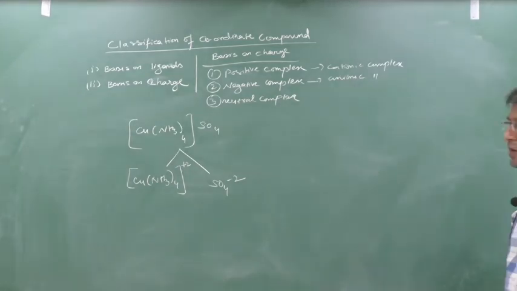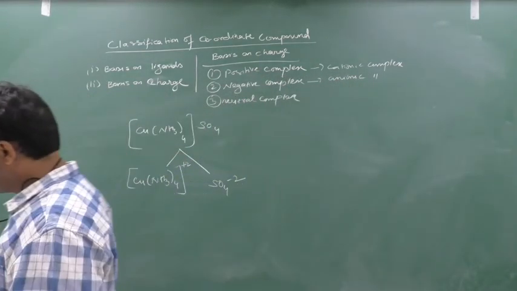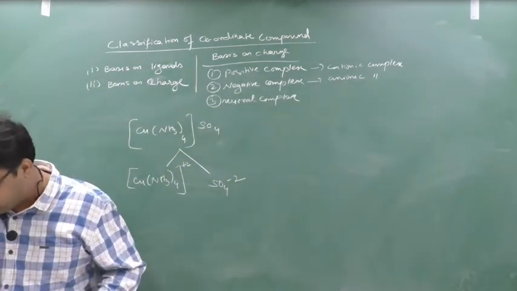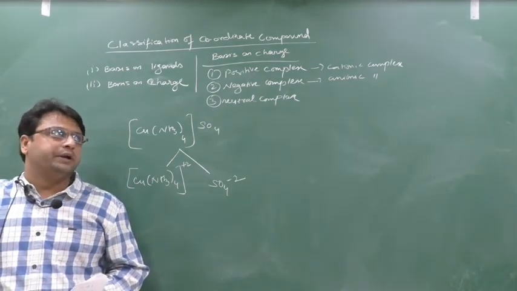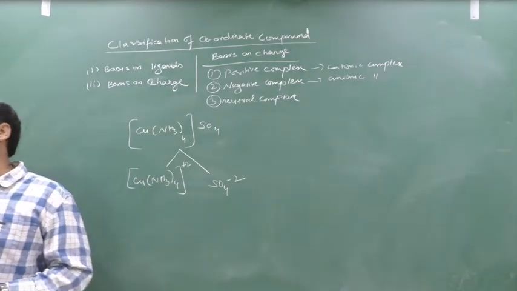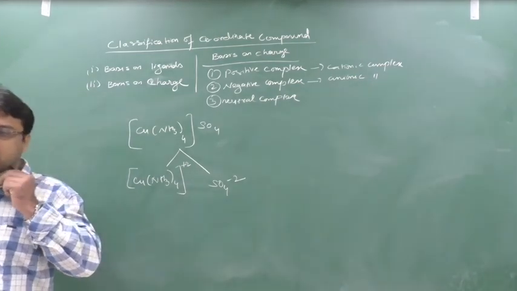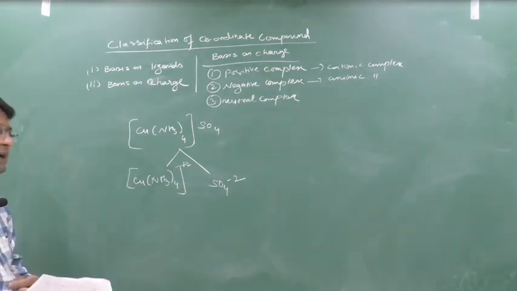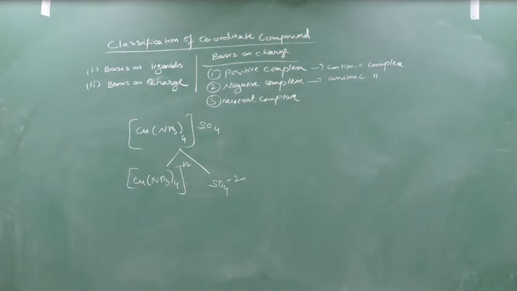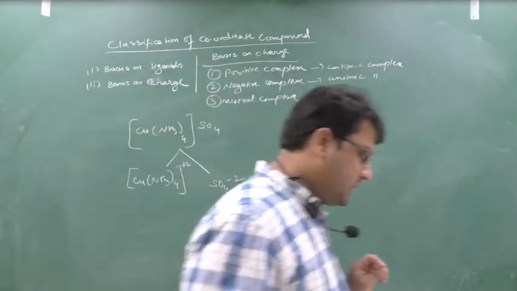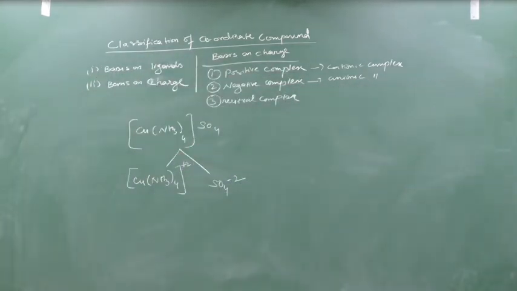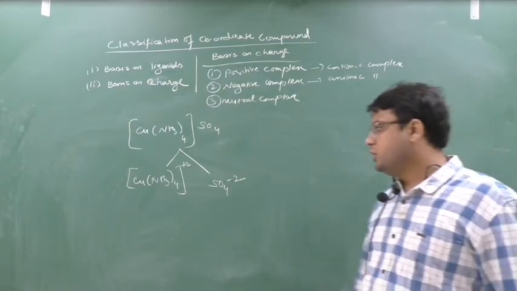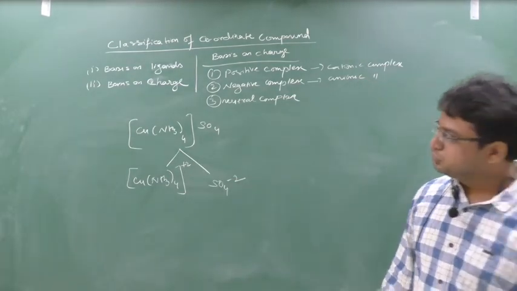First write down the cationic complex. A cationic complex compound is one in which the complex compound, on dissolving, ionizes, and if in the ionization product the coordination sphere has positive charge, so this is the coordination sphere.